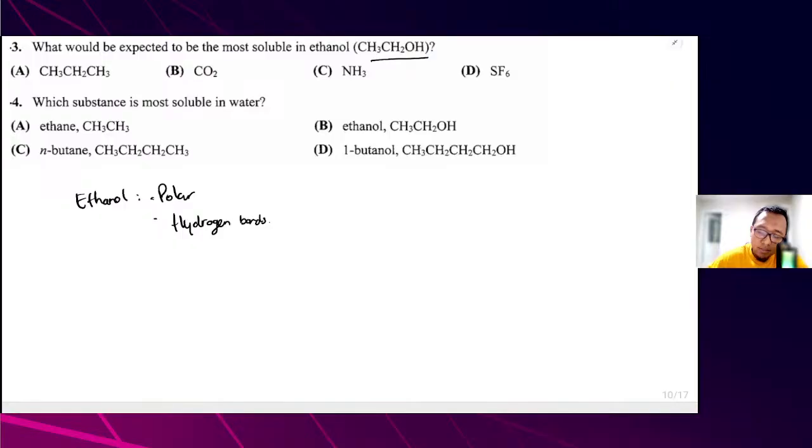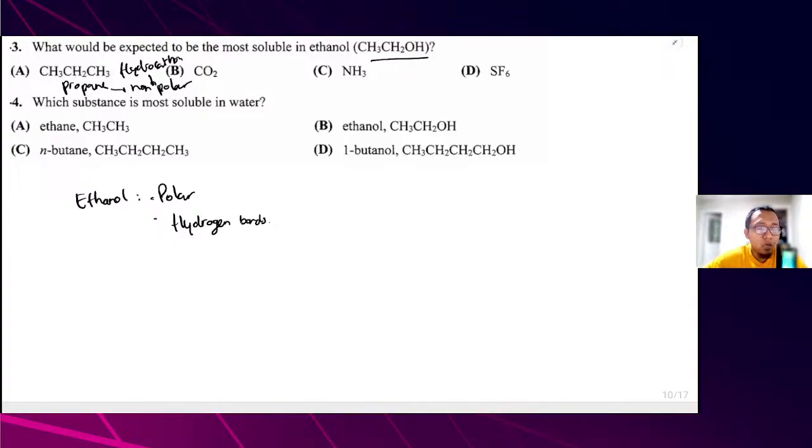So now let's compare with each option. This one is propane. Propane is non-polar because it is a saturated hydrocarbon, so it is not compatible with polar ethanol.